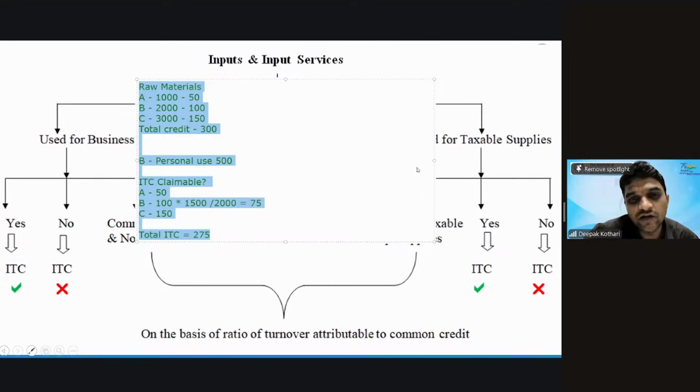Can you unmute and ask your question, Kuldeep? That will be better because I am not able to understand what you are not able to understand. Can you please unmute if possible? Hello. Yes.